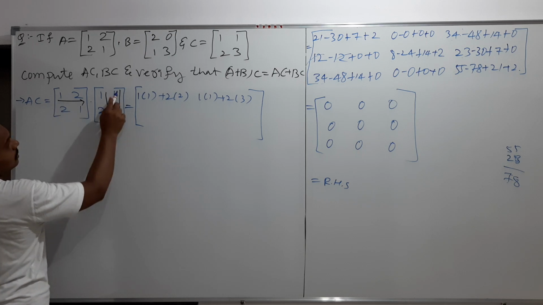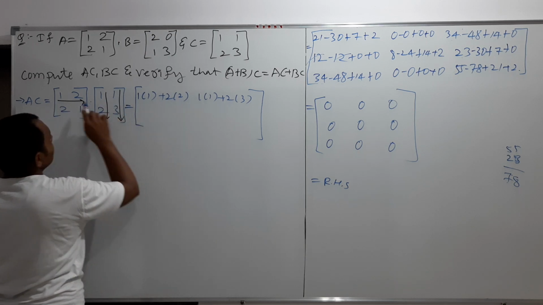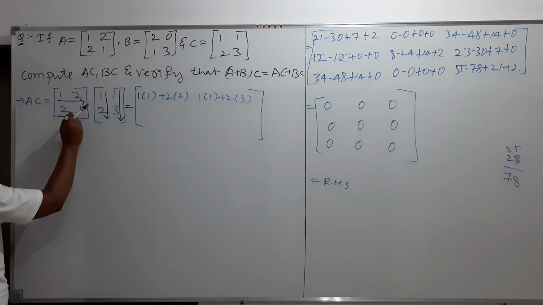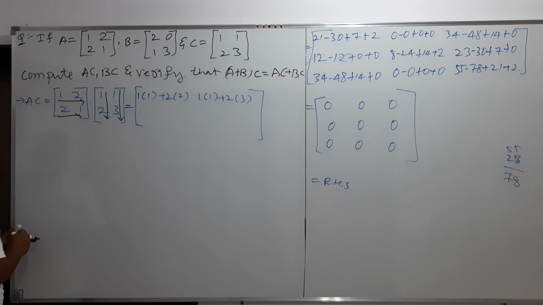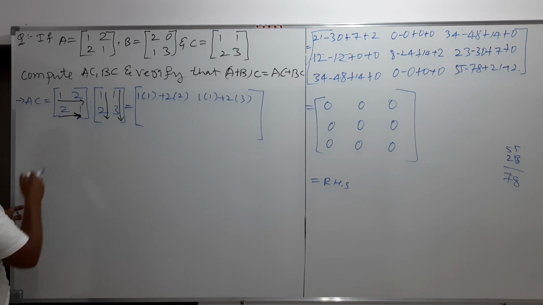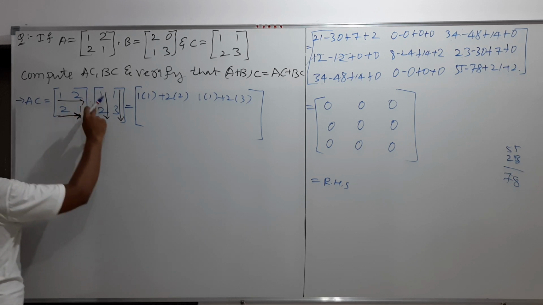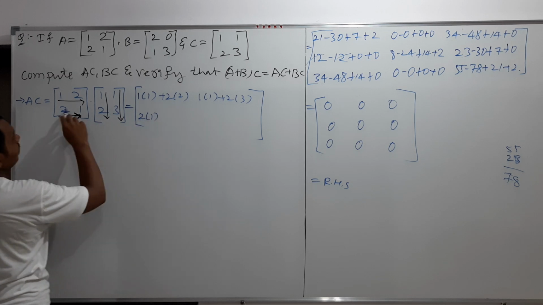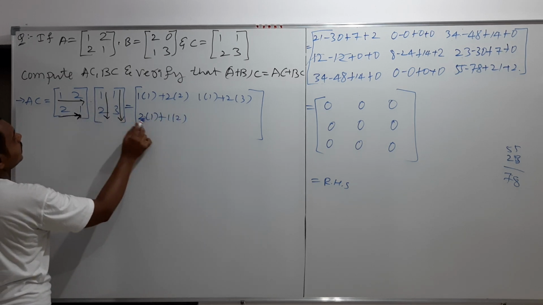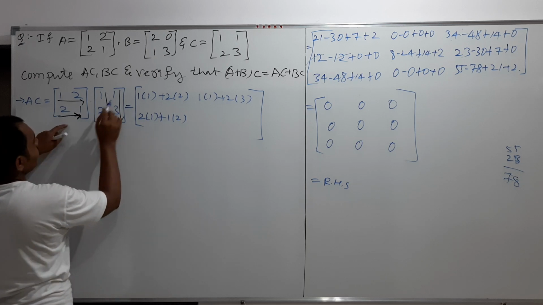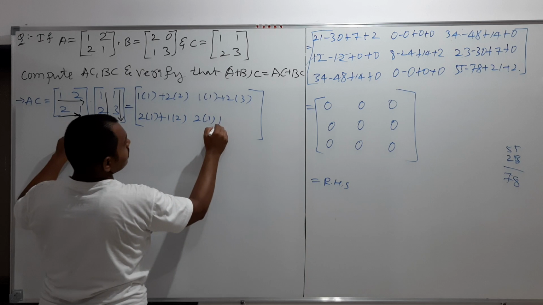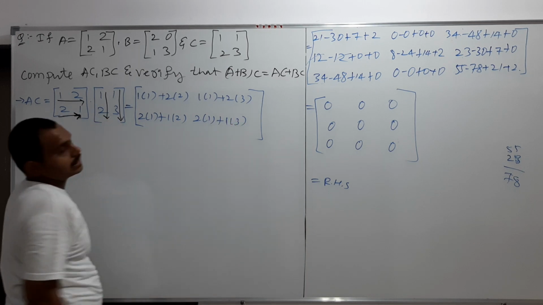Next, first row, second column: 1 into 1 plus 2 into 3. Next, second row, first column: 2 into 1 plus 1 into 2. Next, second row, second column: 2 into 1 plus 1 into 3.